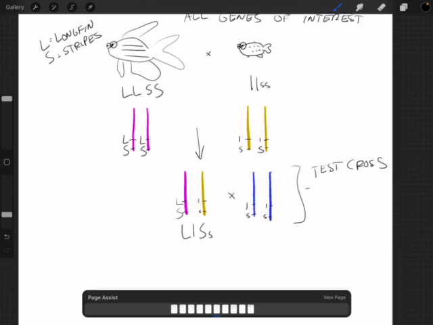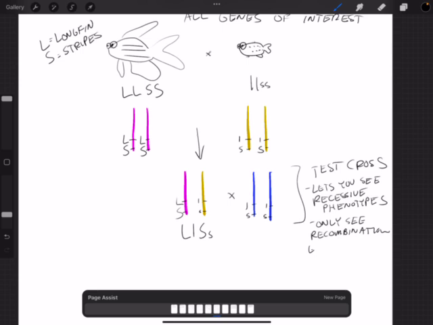The other is that it really lets you see recessive phenotypes more easily. And in particular, it allows you to only focus, so it lets you only see recombination events from the heterozygous parent.